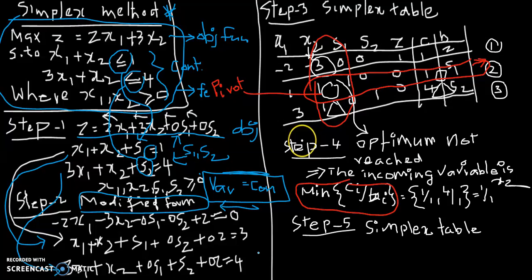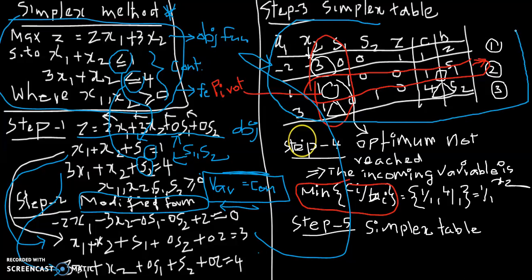Now the next step is bringing all this into a tabular form, which is called a simplex table. A simplex table is nothing but writing the variables at the top, x1, x2, s1, s2, z, then the constant and the basic variable.